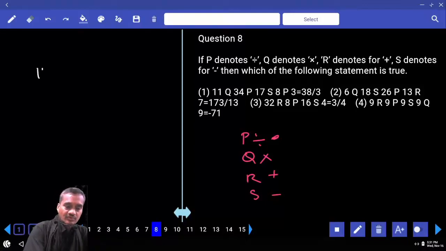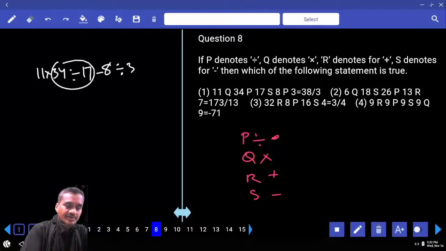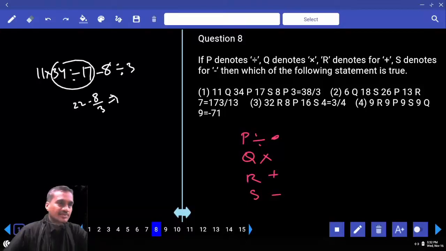Choice 1: 11 Q 34 P 17 S 8 P 3. Now 11 into 34 divided by 17 is how much? 2. 11 into 2, 22. 22 minus 8 by 3, is it equal to 11 by 13 by 3? It is not, and choice 1 is ruled out.